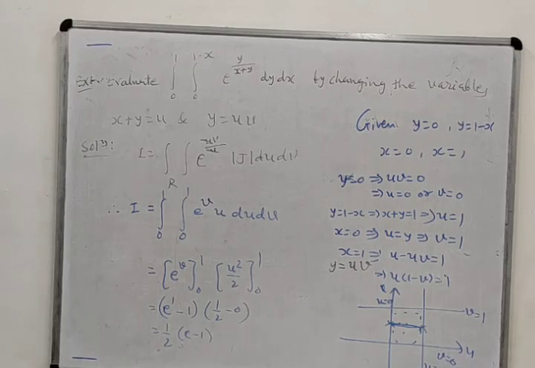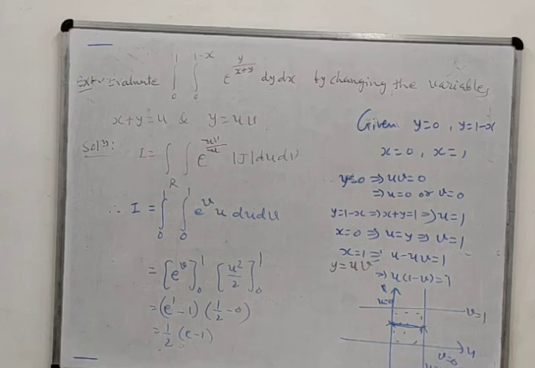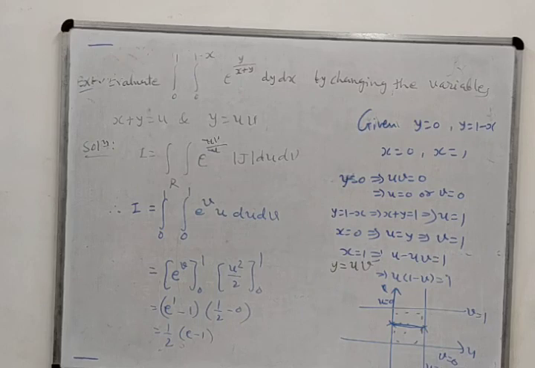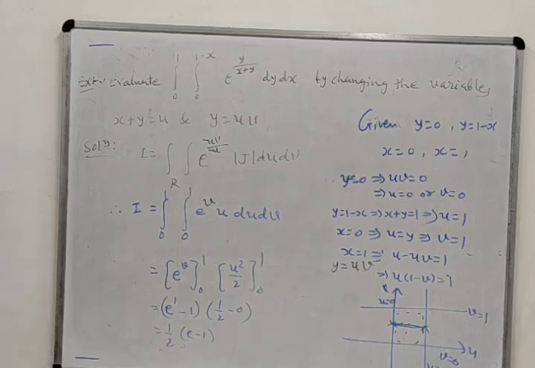The problems of double integration are very simple. Simply you require knowledge of drawing figures and conversion in terms of uv or in terms of xy. We will see more in the next lecture. So thank you.